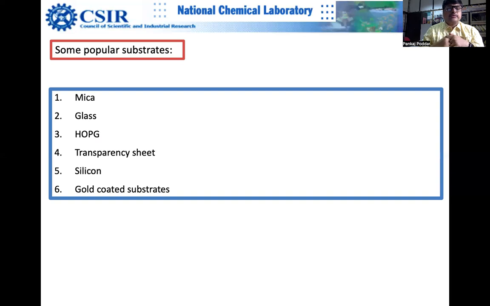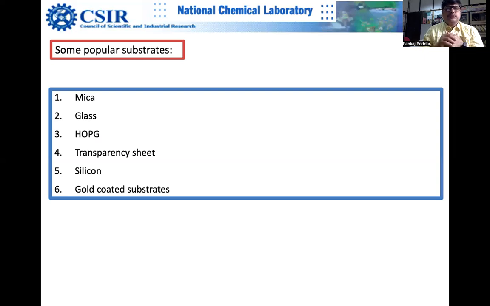Next is highly oriented pyrolytic graphite. I'll make again a separate video on HOPG. These are crystalline graphite sheets, highly packed, and it is atomically smooth, similar to mica. You can peel off the top layer, and then you have a nice atomically flat region over a micron area.